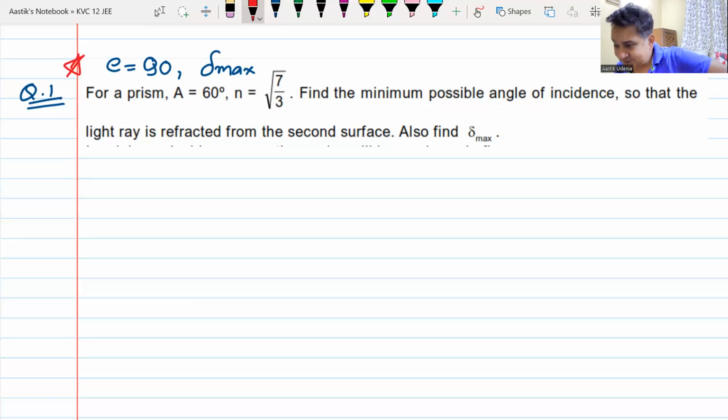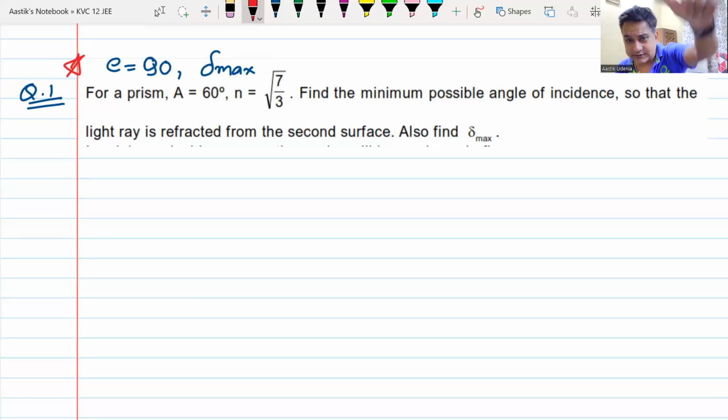That is absolutely correct. It does not take rocket science to do this. We just have to use whatever we know. I plus E minus A. E is 90, so everything comes automatically.